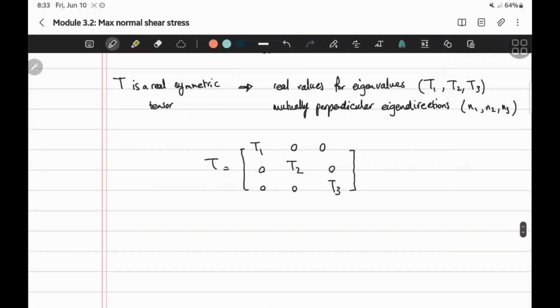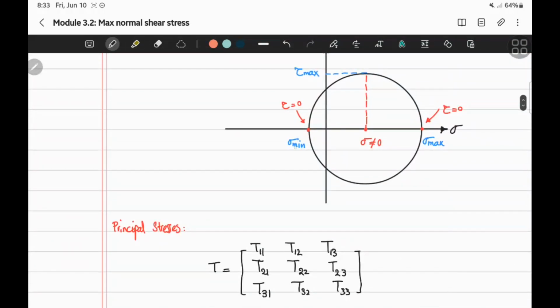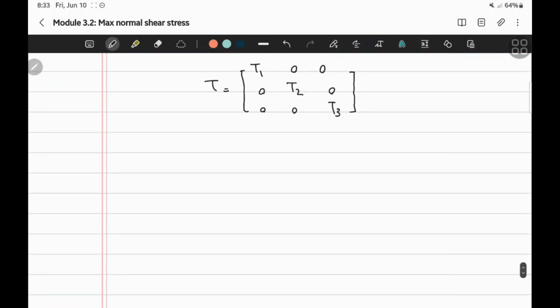We only have the normal stresses. So this means that when we have the maximum and minimum normal stress, shear stress is zero. So this is quite straightforward.